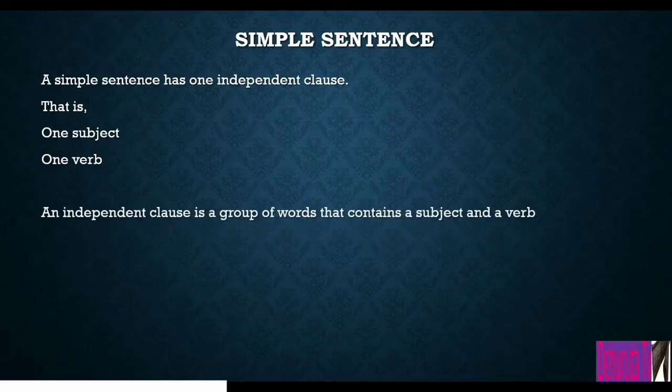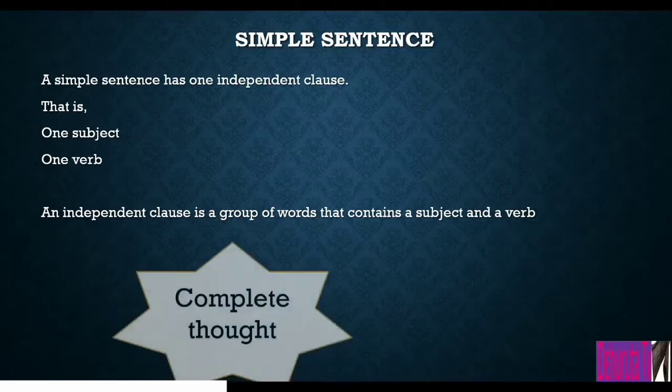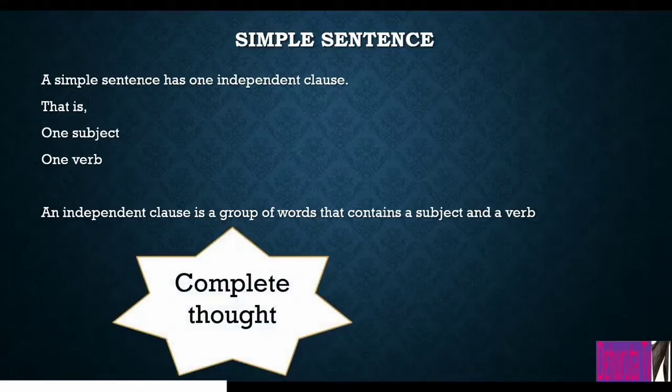An independent clause is a group of words that contains a subject and a verb, as I've explained already. And it makes a complete thought. After reading it, it brings an understanding of it.